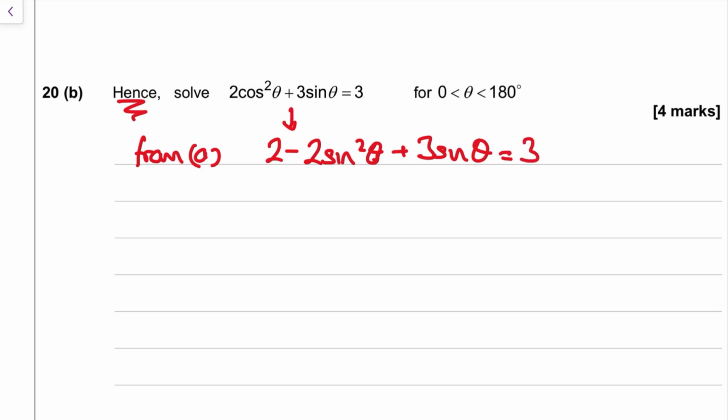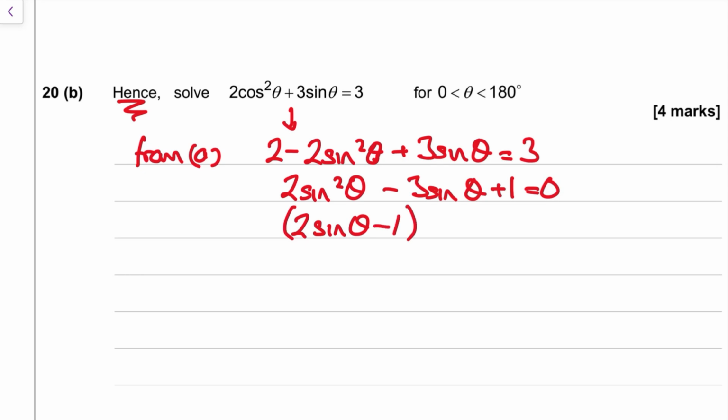So I'm going to rearrange it and multiply by minus 1 at the same time. So that means 2 sine squared theta minus 3 sine theta. 2 minus 3 is minus 1, but I'm changing the sign, so it's plus 1. Can I factorise this? I believe I can. It's 2 sine theta minus 1, because minus and minus make it plus. And then sine theta minus 1 is equal to 0, which means that sine theta equals a half, or sine theta equals 1.